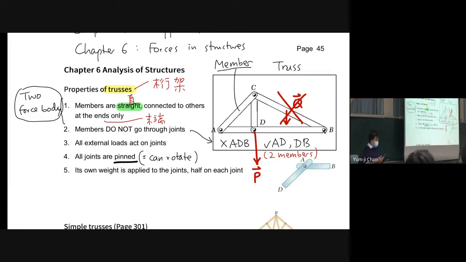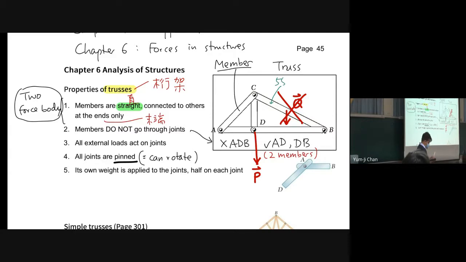The last thing is that if we have heavy members in this truss, for example, say this one is 500 Newton.